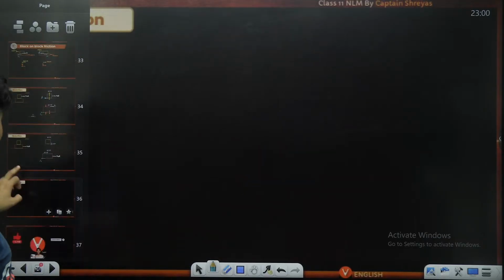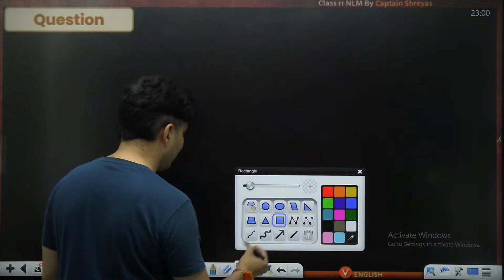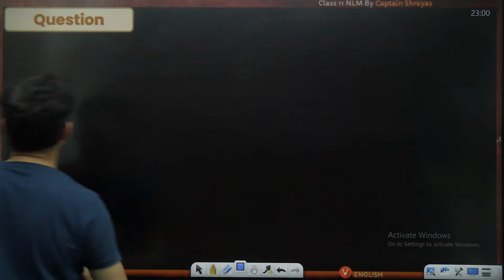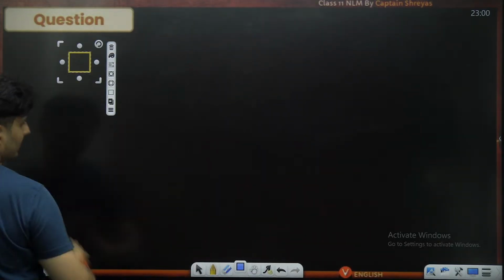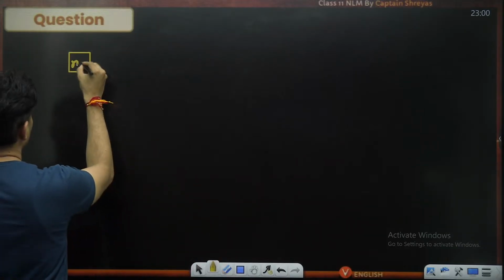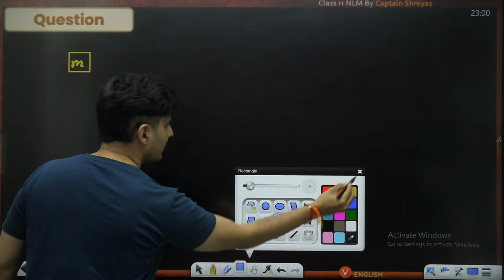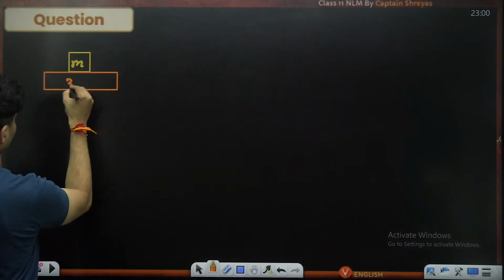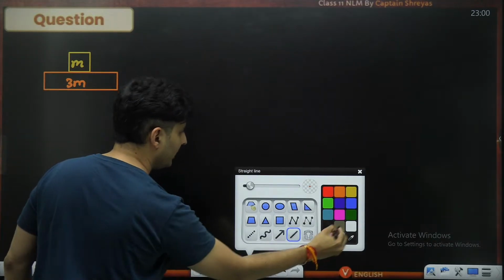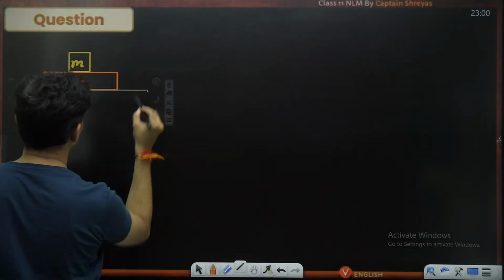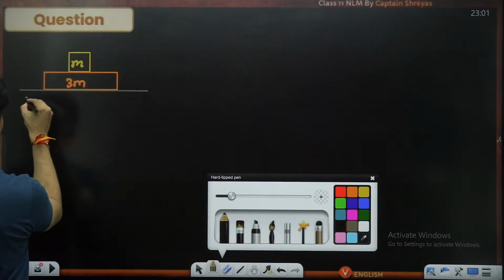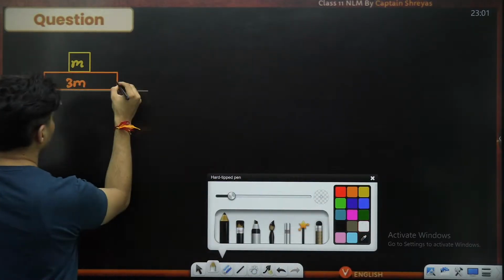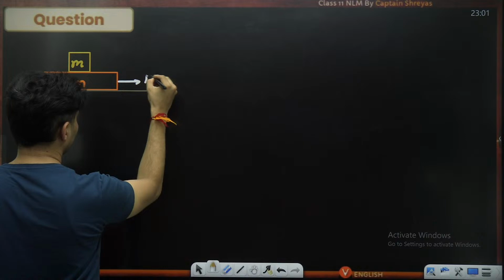Yeah, all right. How about this question, my dear students? Imagine, I tell you, listen, there is this block of mass m and it is kept on another block of mass, for example 3m, and let's say there is a surface like this which is given to be smooth, and let's say we have been told that you have to apply a force.